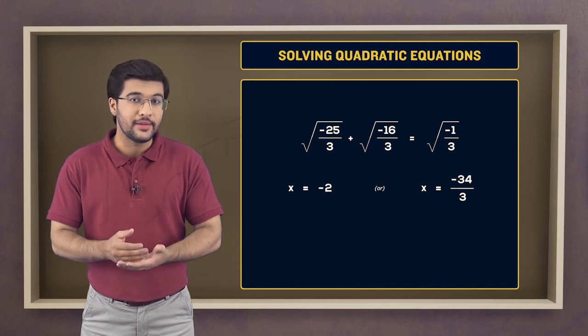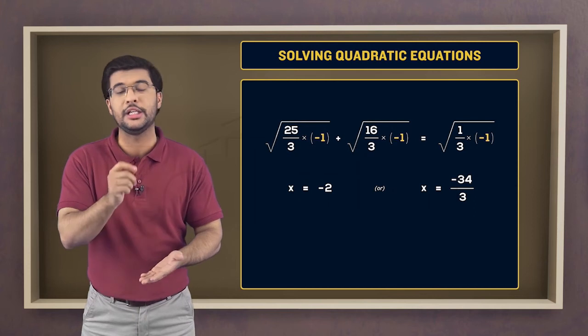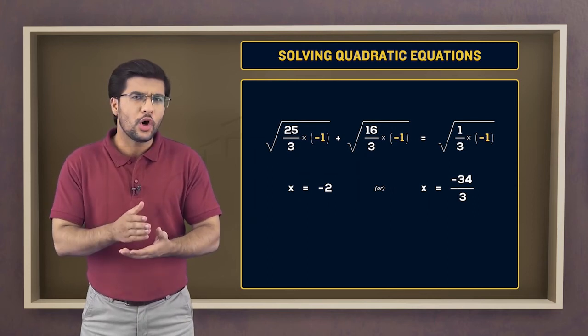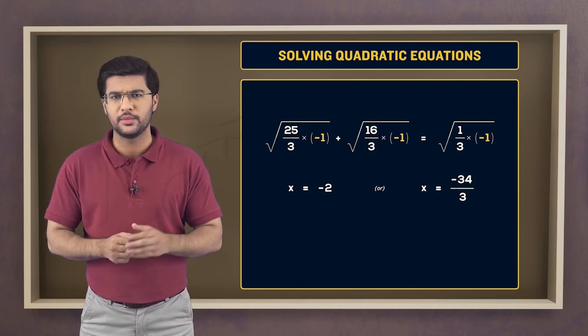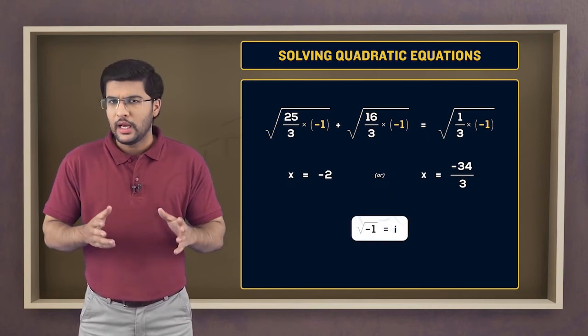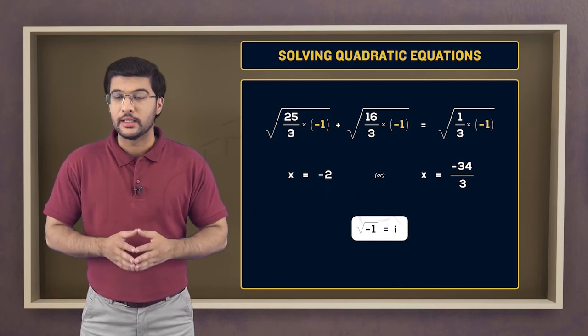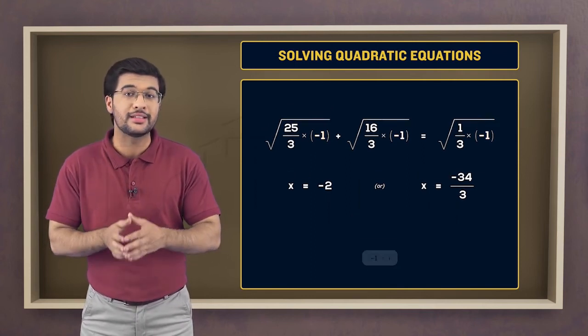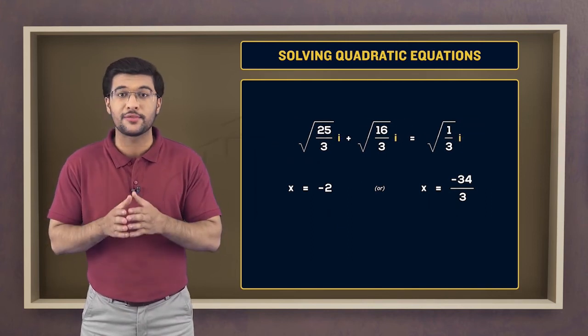Let's separate the negative sign by writing it as the number times negative 1 in each radical. Recall that the square root of negative 1 is an imaginary number denoted by i. i for iota, right? Hence, the square root of negative 1 is replaced by iota, while the square root of 25 is 5.